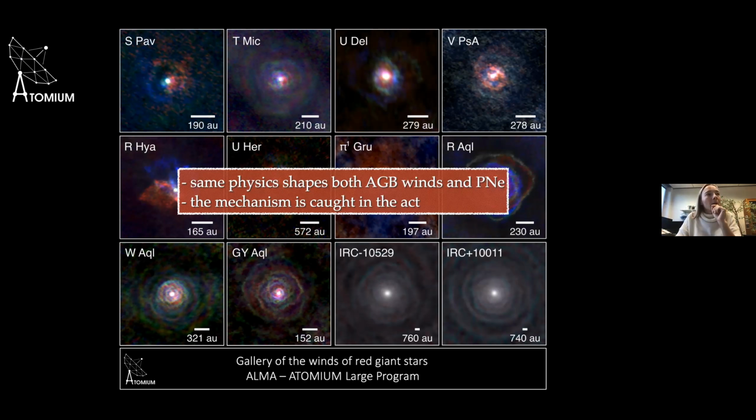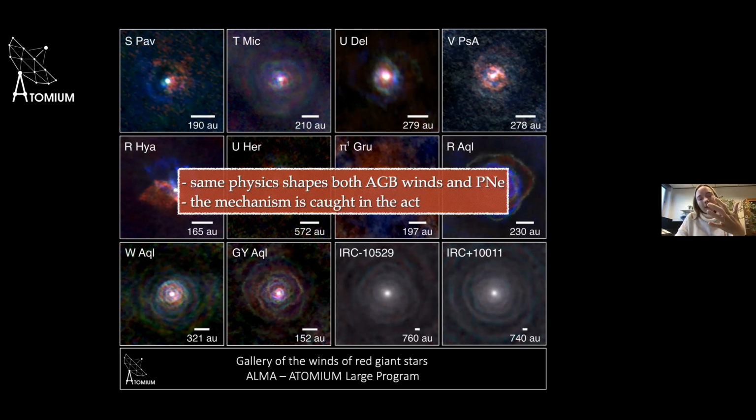And this leads immediately to two conclusions. Namely, it is the same physics that shapes both AGB winds and planetary nebulae. And with this AGB phase, we catch the mechanism while it is in action.